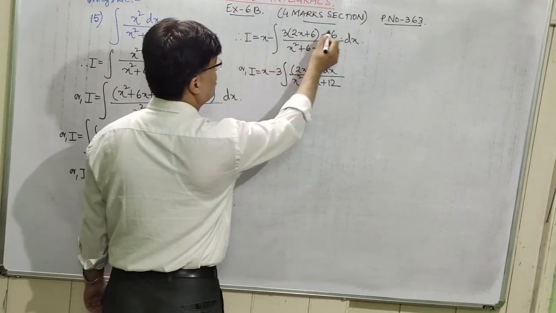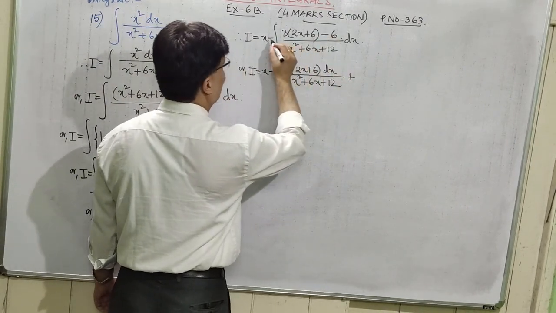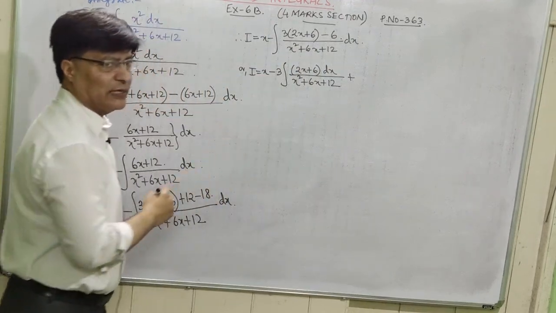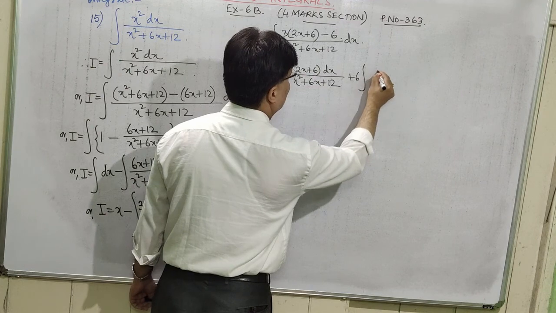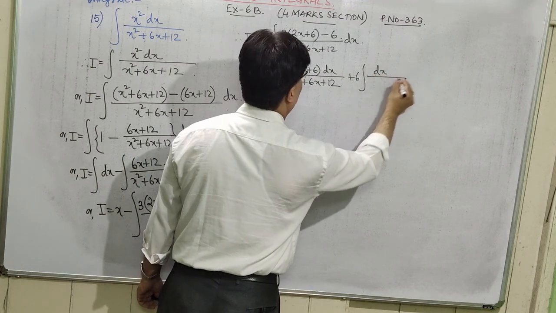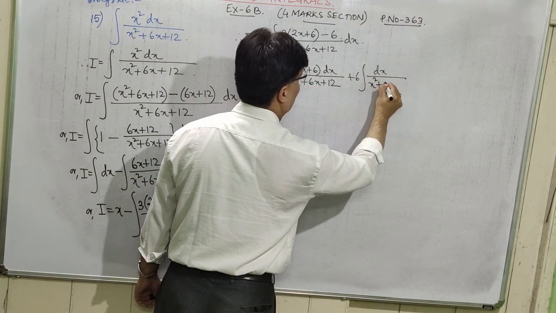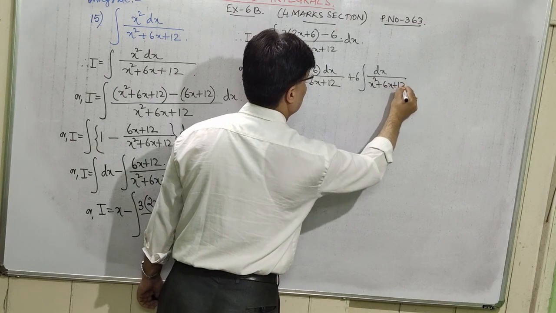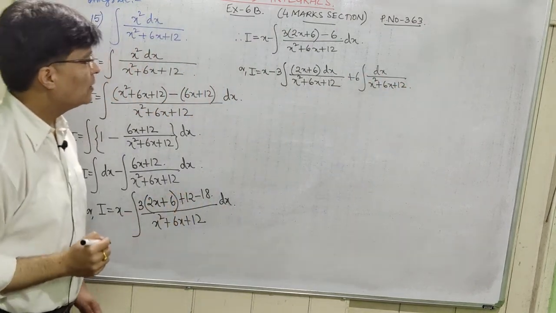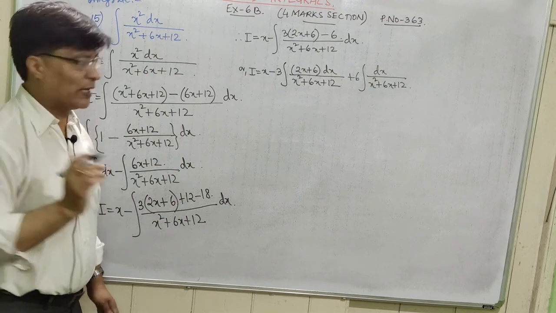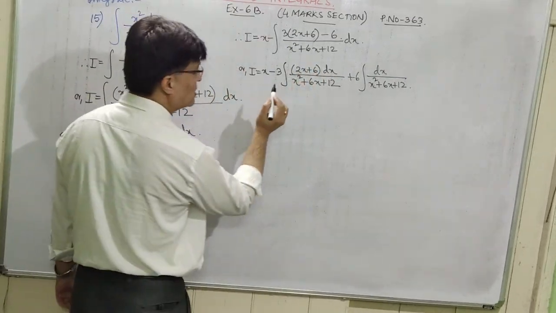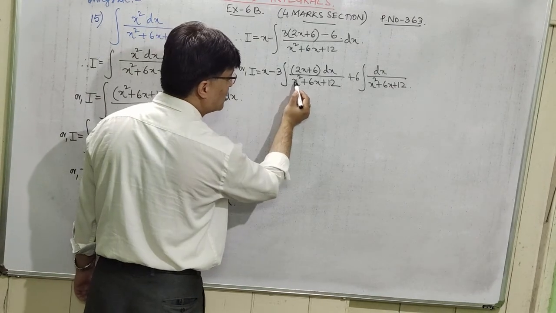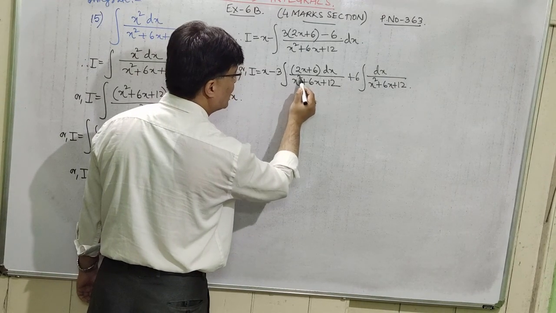Then minus into this minus, you have to change the sign, so minus into minus is plus. So it is plus 6 integration of dx divided by x square plus 6x plus 12. I think you have understood it. You can easily integrate this integration, because in this case the differentiation of the denominator is 2x plus 6.